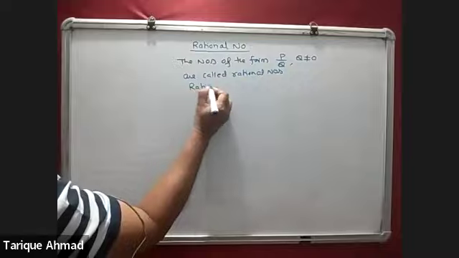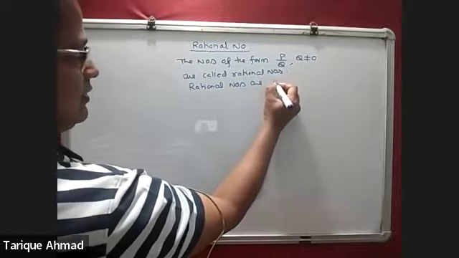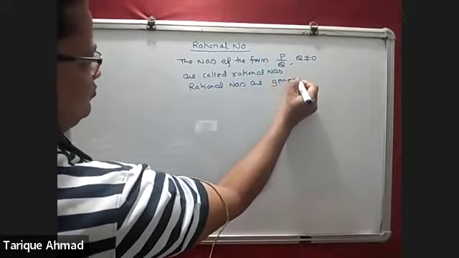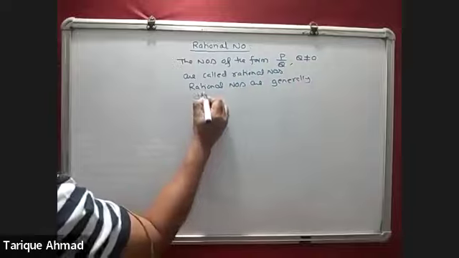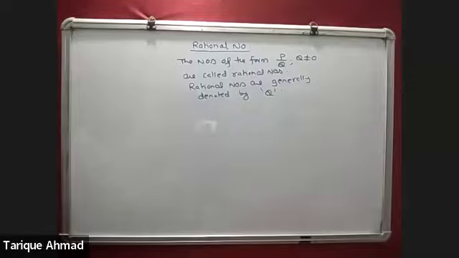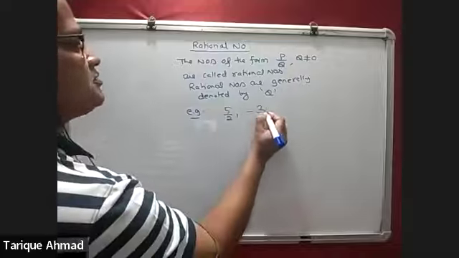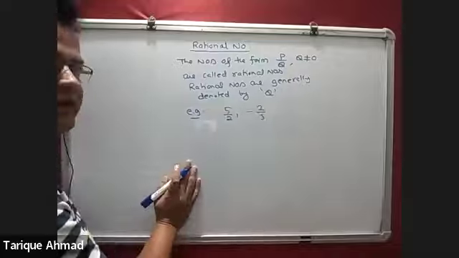Rational numbers are generally denoted by capital Q. In higher classes, for rational numbers, we use the capital letter Q. Okay. Now, for example, 5 by 2. This is an example of a rational number. Minus 2 by 3. This is also an example of a rational number.